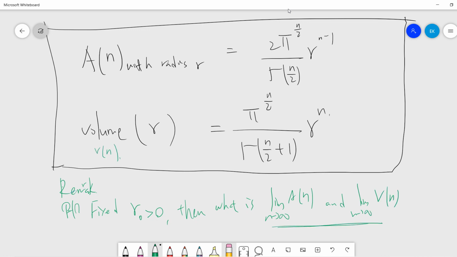Once you fix the radius, what is the volume when the dimension goes to infinity? This is the question I hope you think about, and I hope you try to find the meaning of this limit.